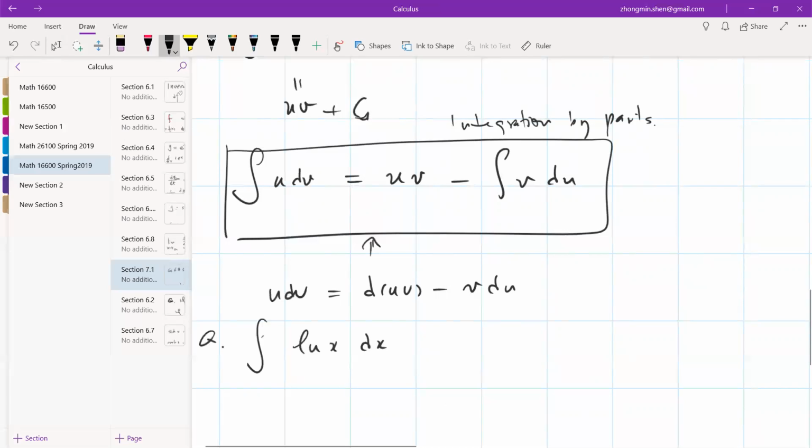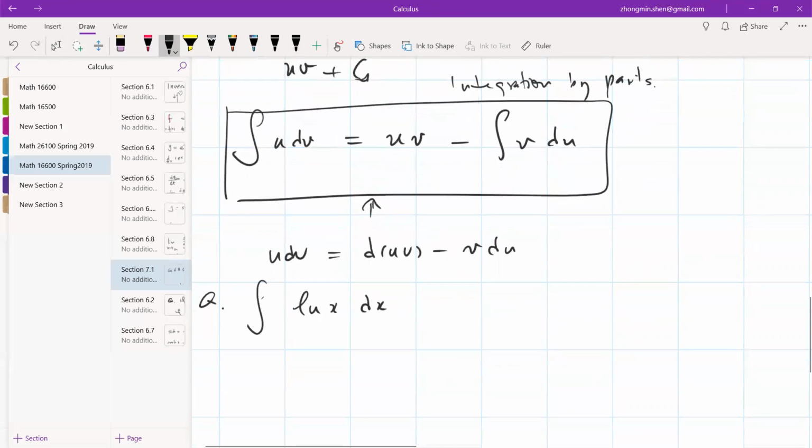We don't know. We already know the antiderivative of many famous important functions. But when we deal with this, I find it's difficult.